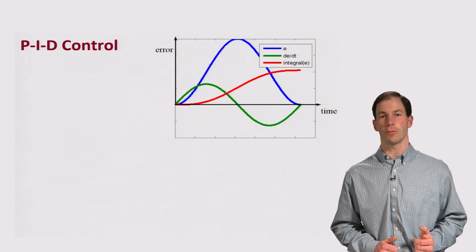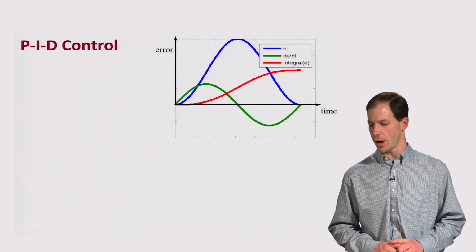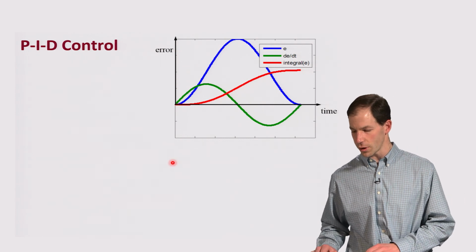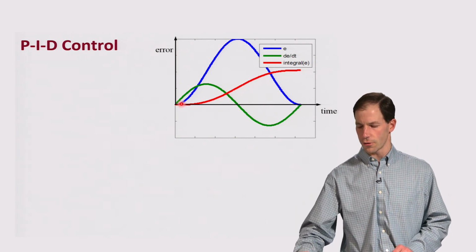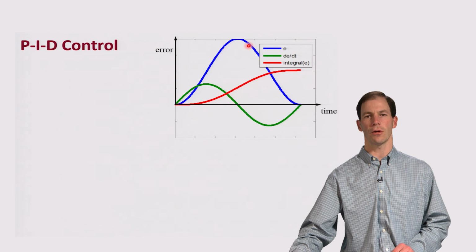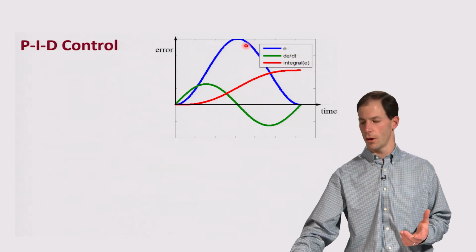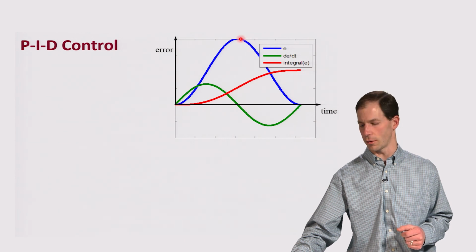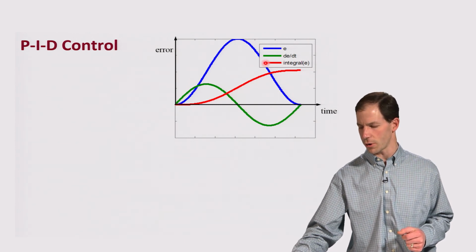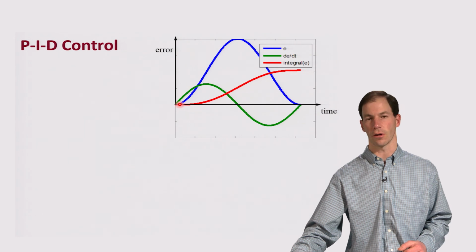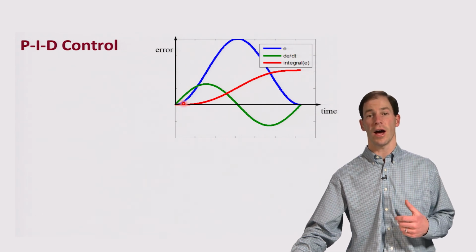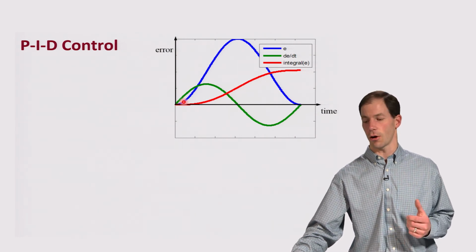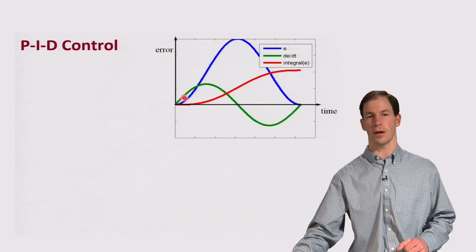So I mentioned that we're going to start with PID controllers. What is a PID controller? What I'm showing here is, first of all, some arbitrary error. Remember, error is just my reference signal minus the output, so what's the value that the LVDT is saying the position is actually in. For some arbitrary error signal that I have plotted in blue right there, I can apply a gain to that error and feed that in as my control input.